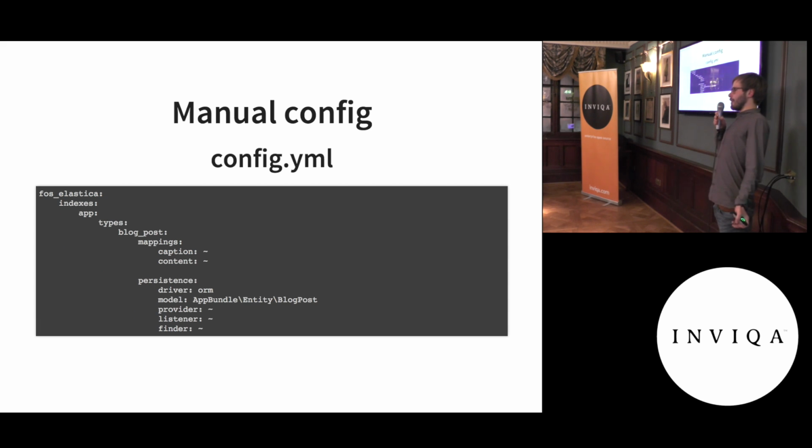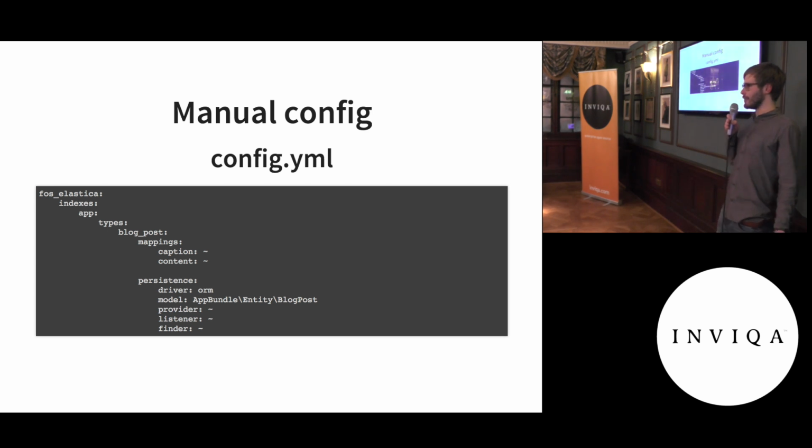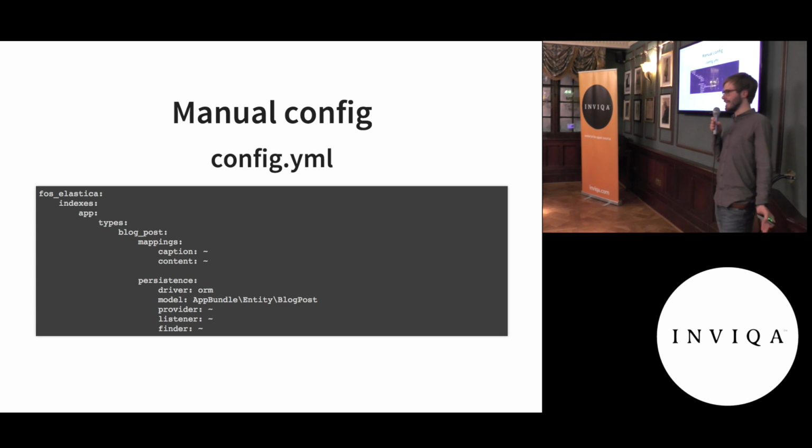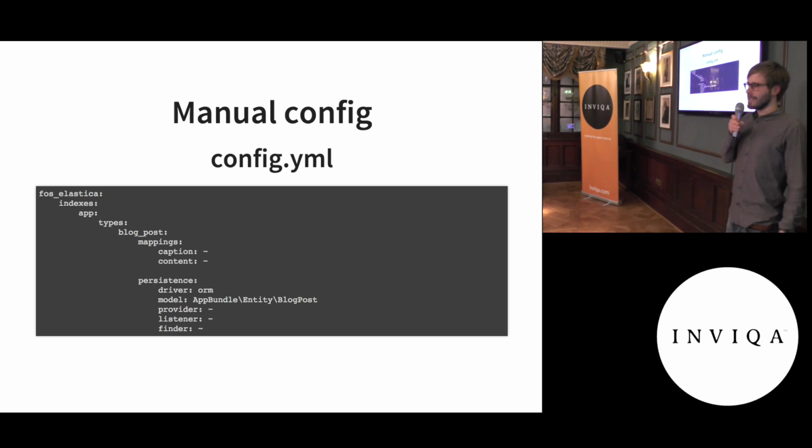Then the configuration of FOSElastica Bundle. Obviously, you need to let FOSElastica Bundle know that you now want to have this entity indexed with all new documents being created. It's relatively simple. For this example, it's basically copy-paste from the documentation. Loads of tildes, that means that we're using the default configuration.